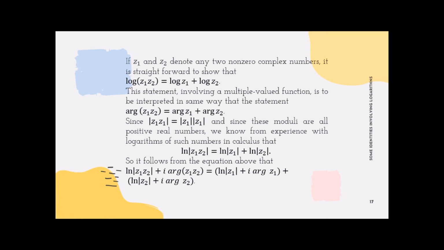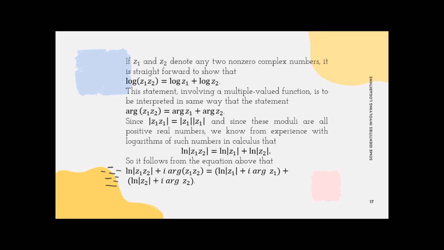Since |z1z2| = |z1| times |z2|, and since these moduli are all positive real numbers, we know from experience with logarithms of such numbers in calculus that ln|z1z2| = ln|z1| + ln|z2|.